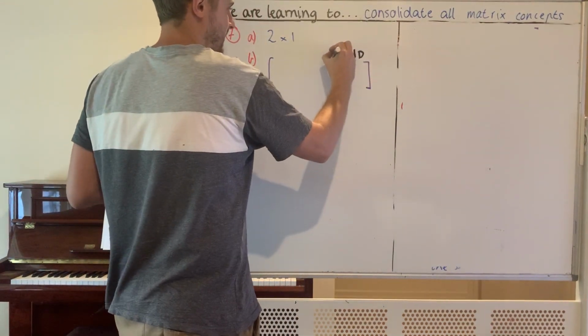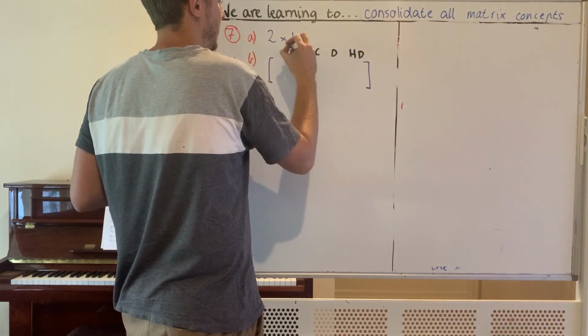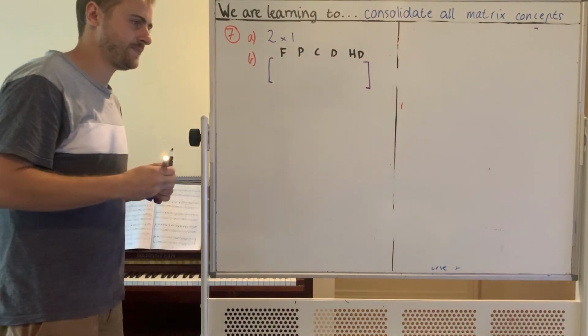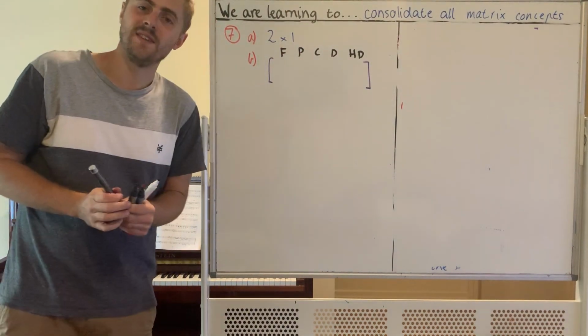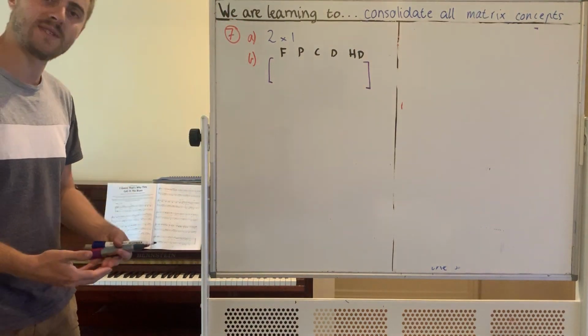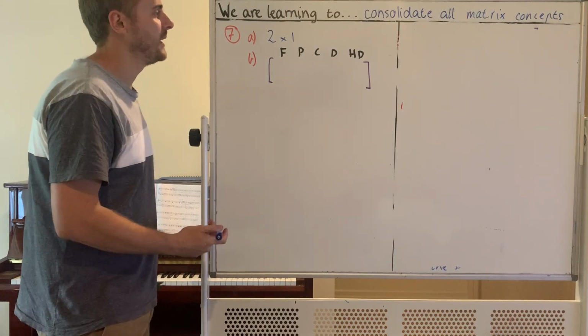Then we're going to have distinctions. Then we're going to have credits, passes. And the one thing that a lot of people forget to mention is the fails. The fails aren't given to you in the actual question, but it says the remaining students. Obviously, the percentages need to add up to 100, so you need to work out what's what.